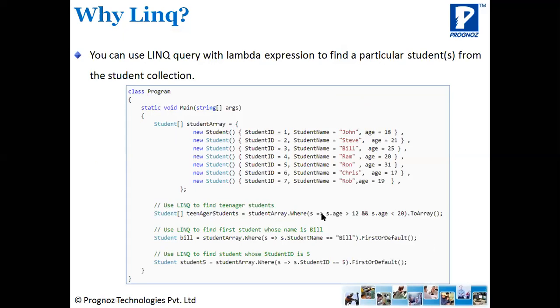So s, lambda operator, s.age is greater than 12 and s.age is less than 20, dot ToArray. So I can provide a LINQ method syntax to work with this collection of objects.